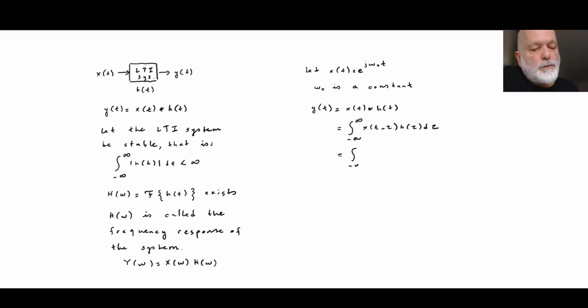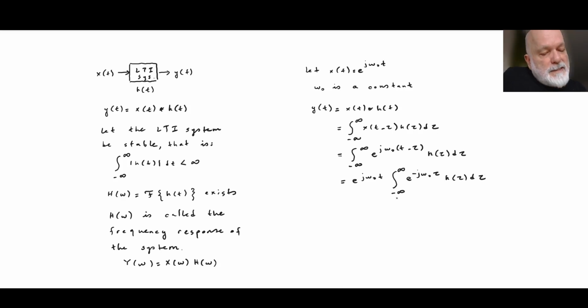So this is equal to the integral of e to the j omega 0 (t minus tau) h of tau d tau, and e to the j omega 0 t can be taken outside the integral because the integration is with respect to tau. From minus infinity to plus infinity, e to the minus j omega 0 tau h of tau d tau.